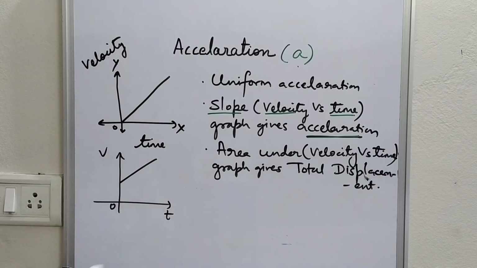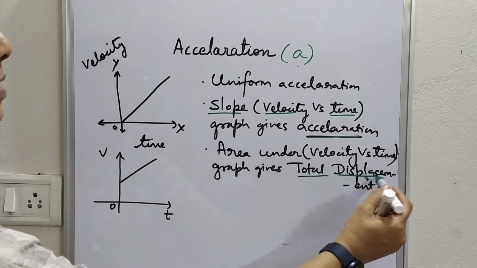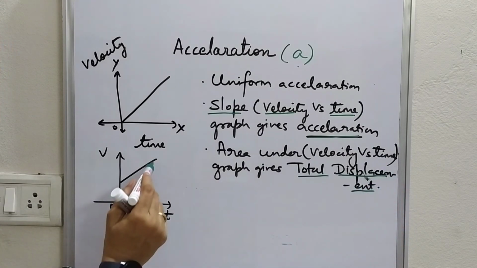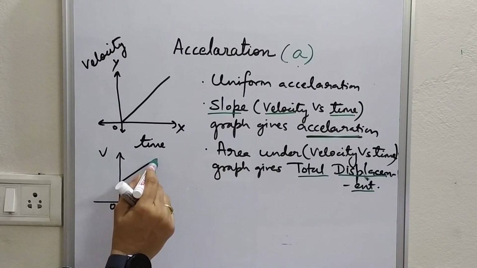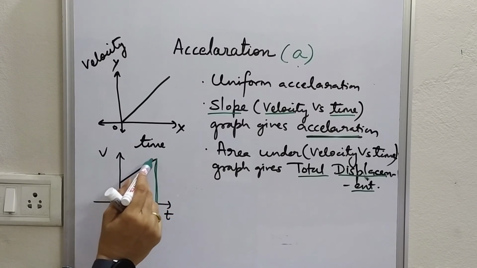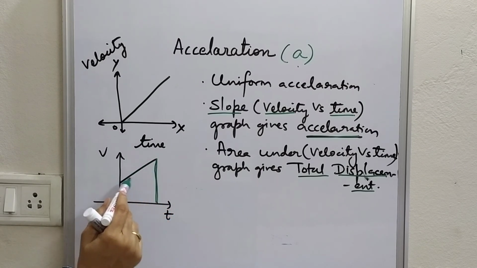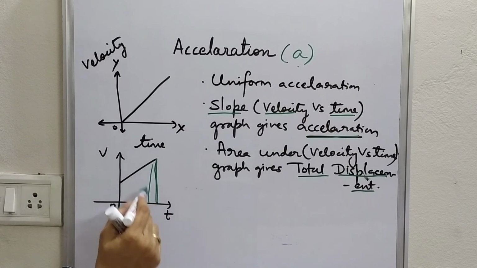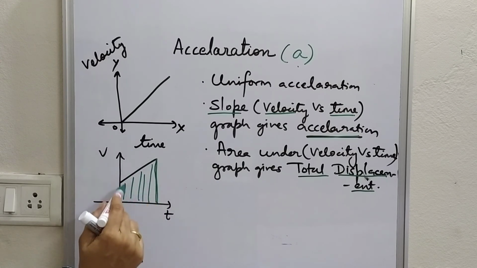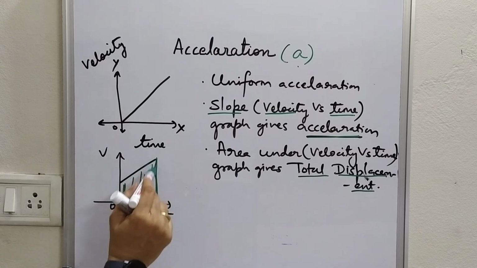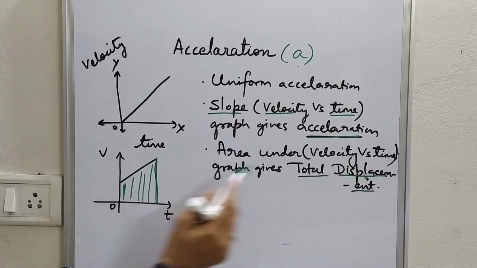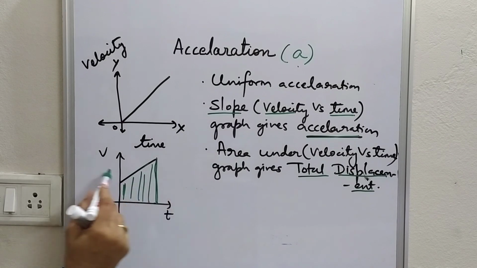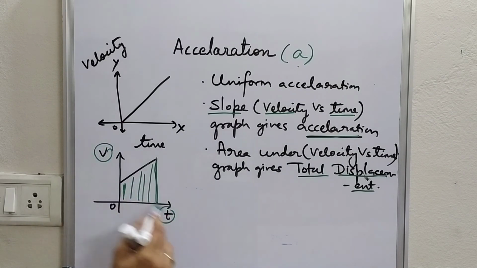So when we want to calculate total displacement from a graph, we have to find the area under the graph, the black line, up to the x-axis. So this trapezium area, if we calculate, we will get displacement if the graph is between velocity and time.